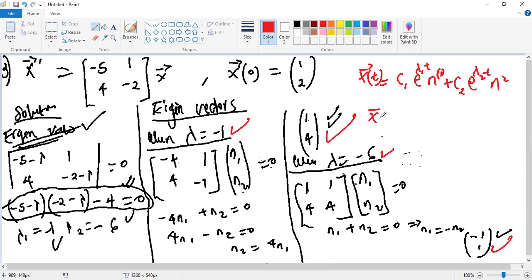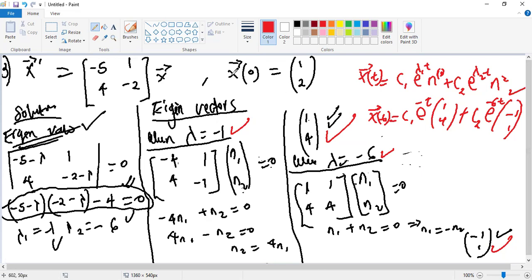So our x(t) will be equal to C1 exponential, our lambda 1 is what? You can use whichever as the first one. So I can write minus t. What are the eigenvectors for that? We have 1 and 4, plus our C2 exponential. What is our second lambda? Minus 6t. Eigenvectors for that one are -1 and 1. This is our general solution.